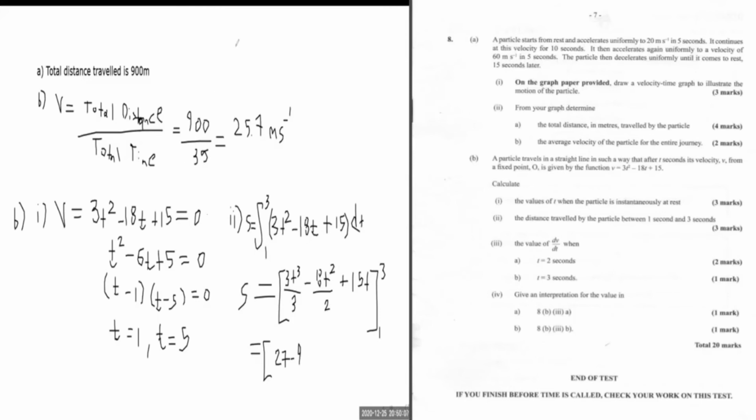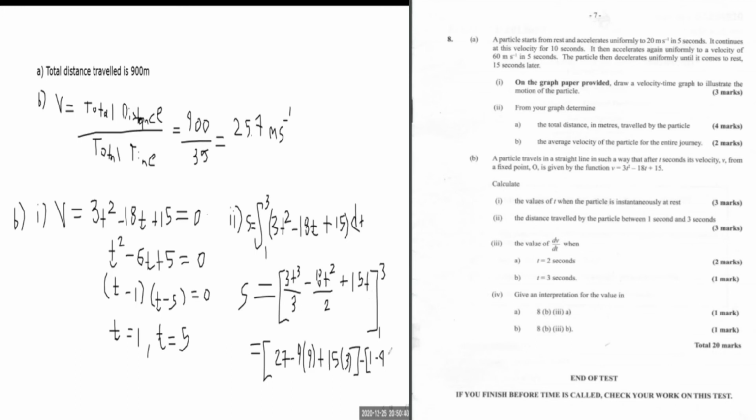Oh, my apologies, I forgot to multiply. 18 over 2 is 9, and 3 squared is also 9, so it's 27 minus 9 times 9, plus 15 times 3. All right, and then of course we're subtracting when we plug in 1. 1 cubed is 1, minus, plugging in t as 1, 18 over 2 is 9, so minus 9.